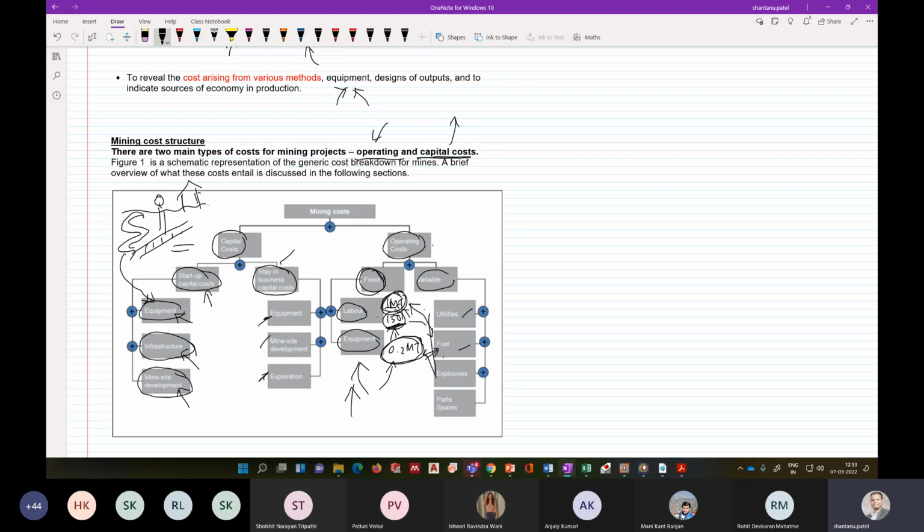If you are producing 1 million ton compared to 0.2 million ton, you will spend more on fuel, to transport the material, or maybe the parts or spares, right? Like you are drilling with your equipment, so you need the drill bits. If you produce more, you need more drill bits, and if you produce less, you need fewer drill bits. So these are variable cost, and we have some fixed cost, and then we have capital cost, right?